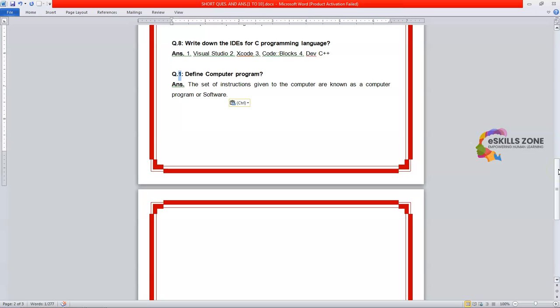Next number 9. Question is, what is a text editor?